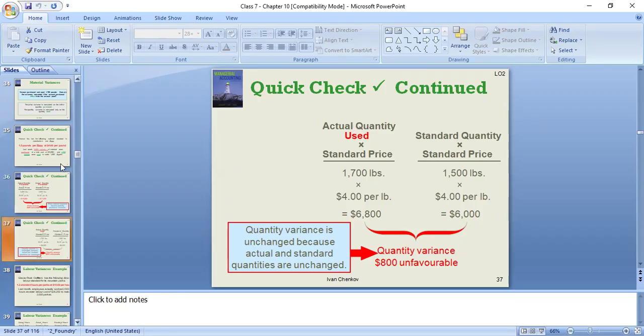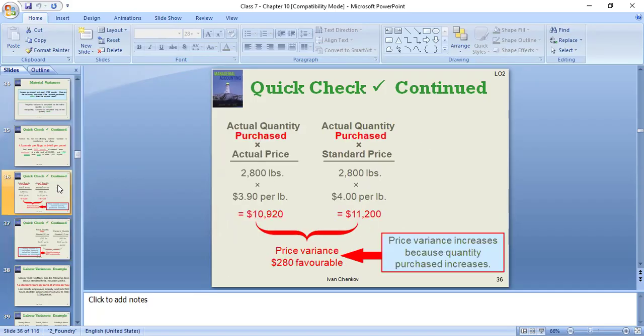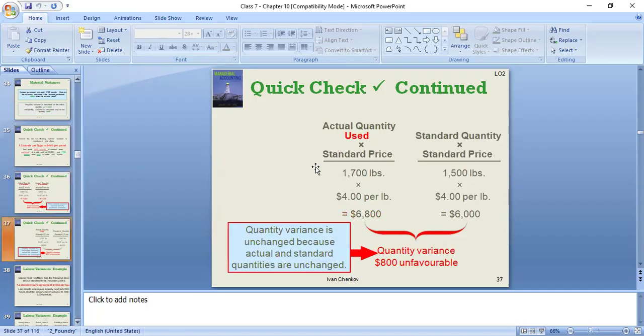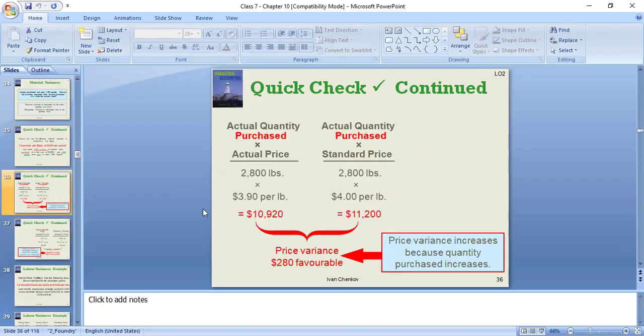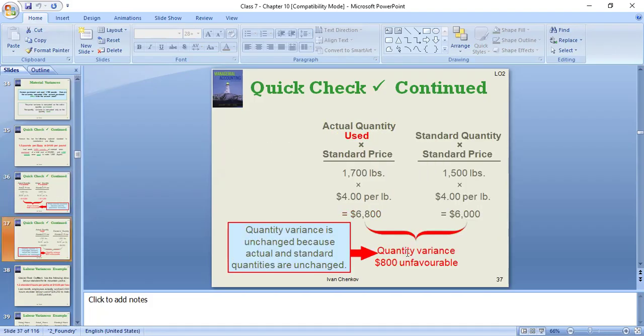In this case, we're not going to have a spending variance because we're not in the same reality here. Quantity purchased is 2,800 pounds. The quantity used was only 1,700 pounds. But we still can have the price variance and the quantity variance.